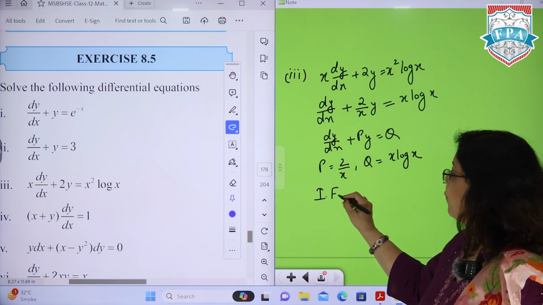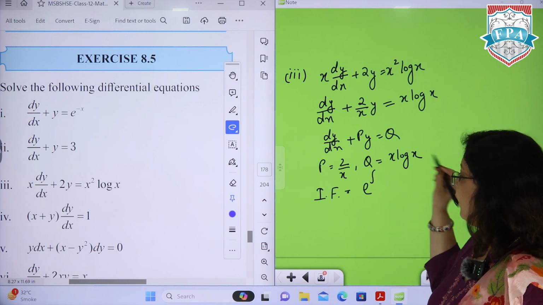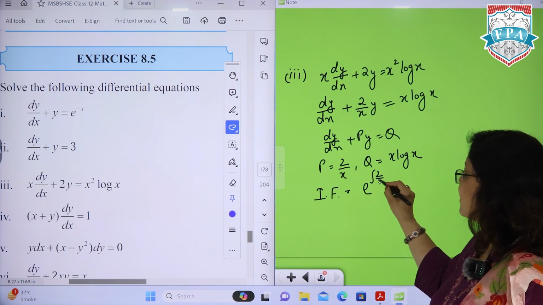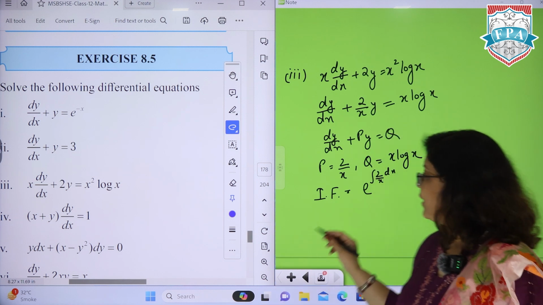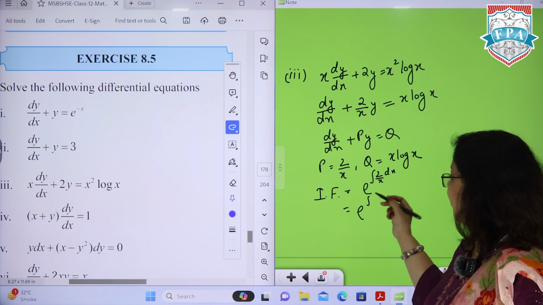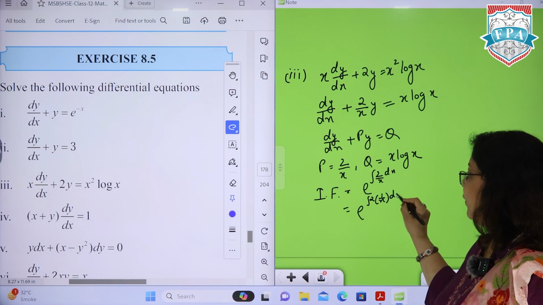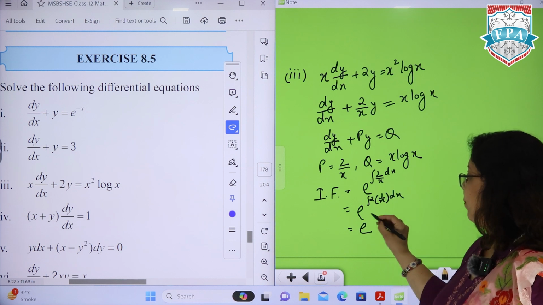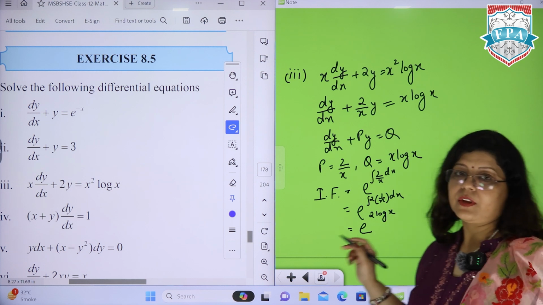So IF is actually e to the power of integral 2 by x dx. You can take the 2 outside and write it as 2 into integral of 1 by x dx. So this will become e to the power of 2 log x.